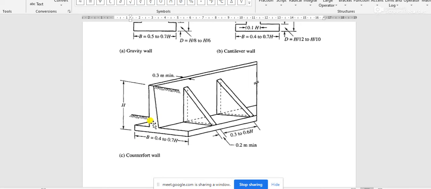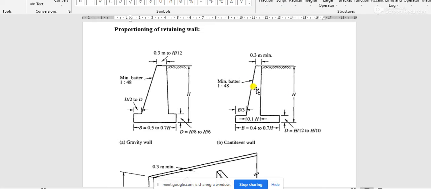As I have discussed, the wall overturns this way. That means the resisting moments work in the opposite direction to the overturning moments.